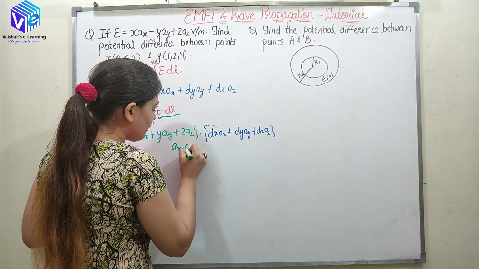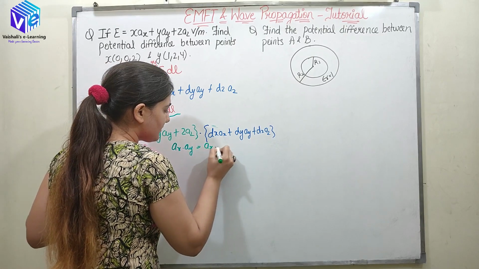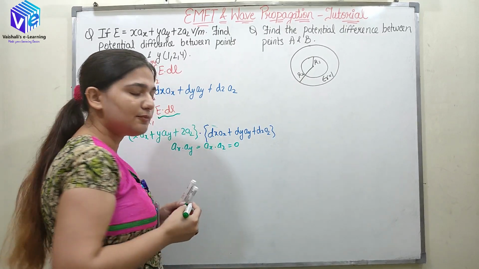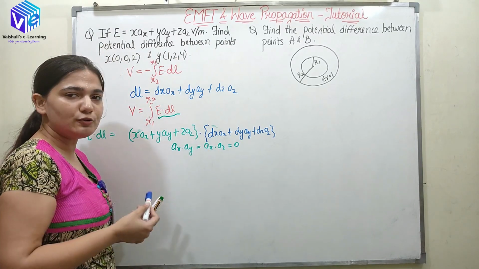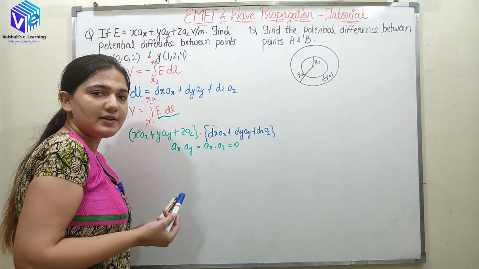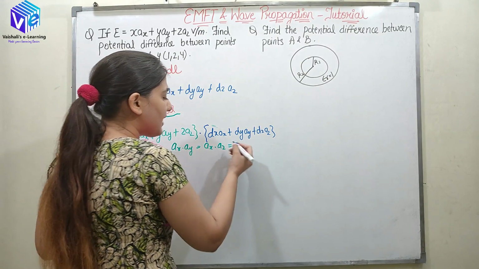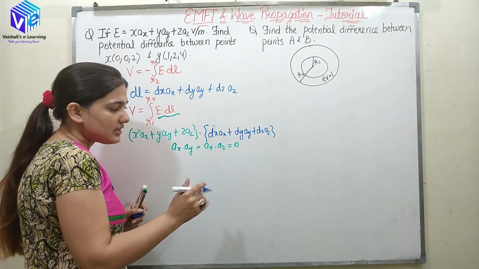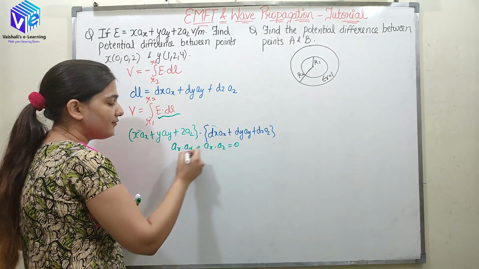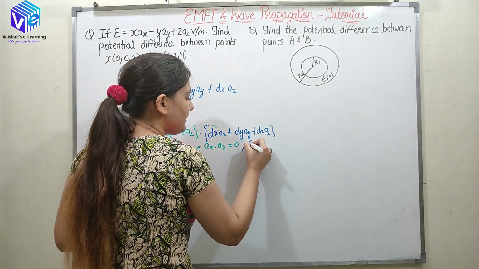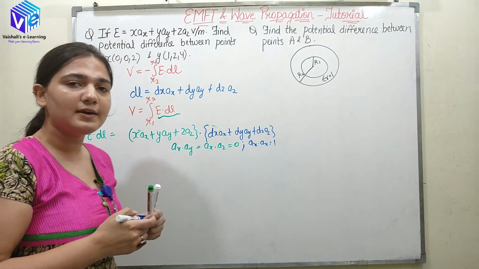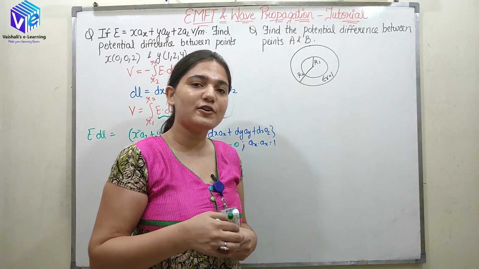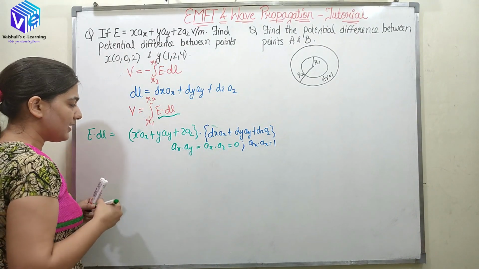I know ax dot ay is equal to ax dot az is equal to 0 because the angle between them is 90 degrees, and the dot product is equal to magnitude of ax into magnitude of ay into cos of 90. Cos of 90 is 0. This is why we have this equal to 0, and ax dot ax is equal to 1 because ax is a unit vector and the dot product of a unit vector with itself is 1.